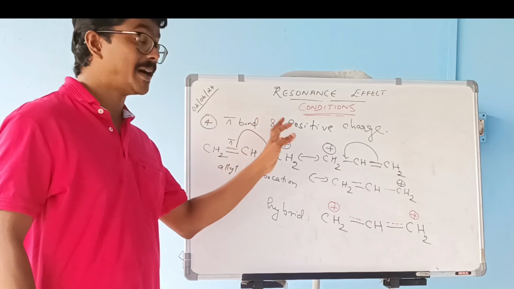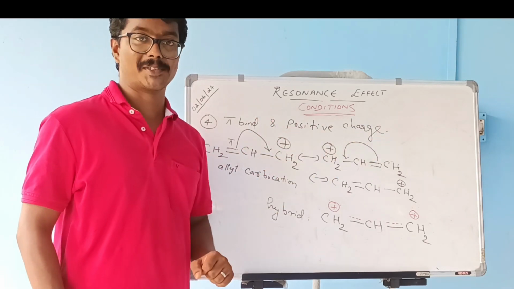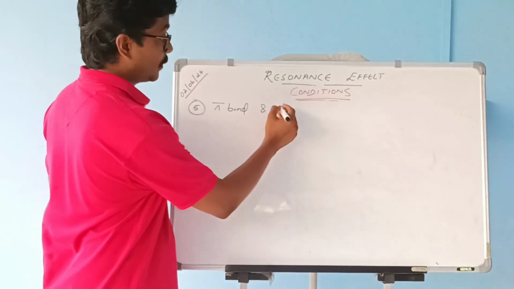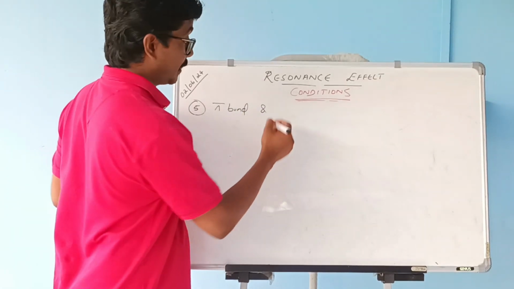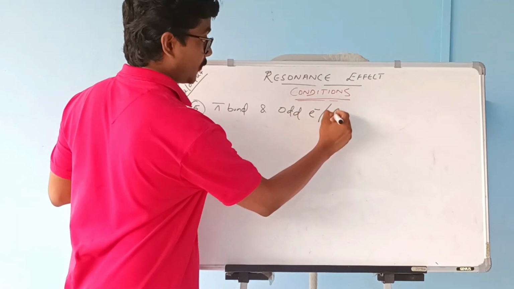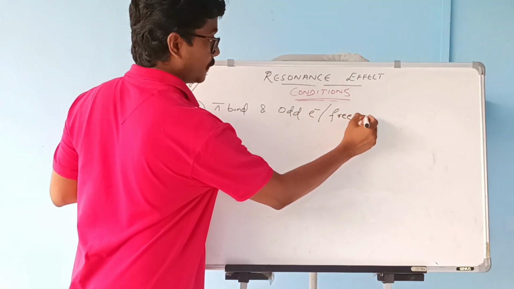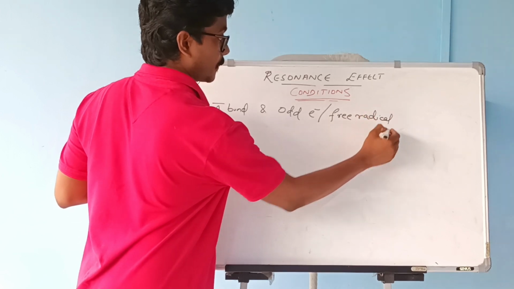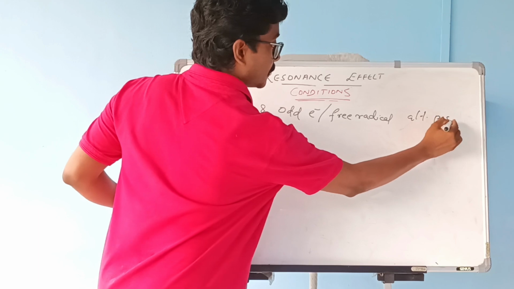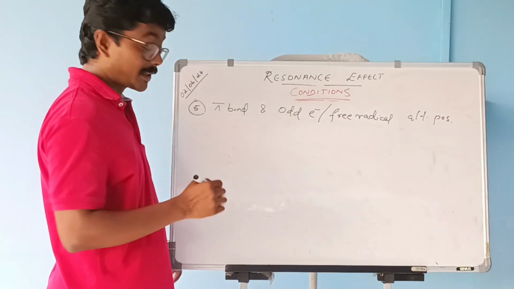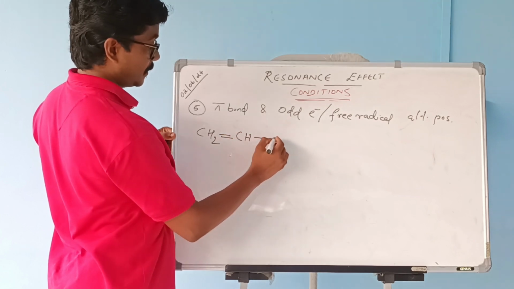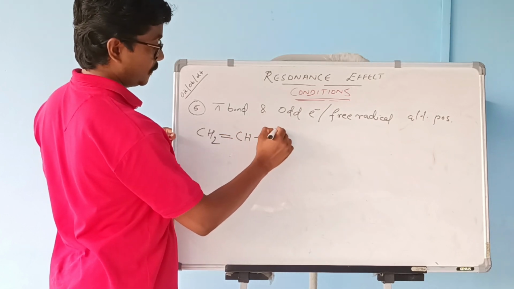So the fourth condition is a pi bond and positive charge in alternative position. The fifth condition is a pi bond and a free radical, or odd electron, in alternative position. Let's consider an allyl free radical, CH2 double bond CH2.